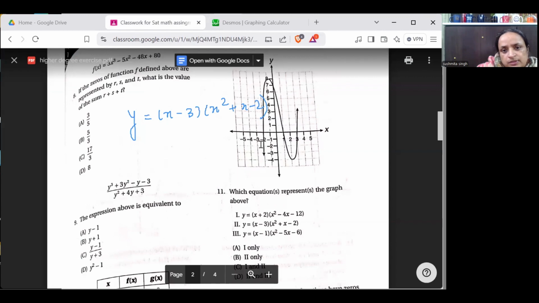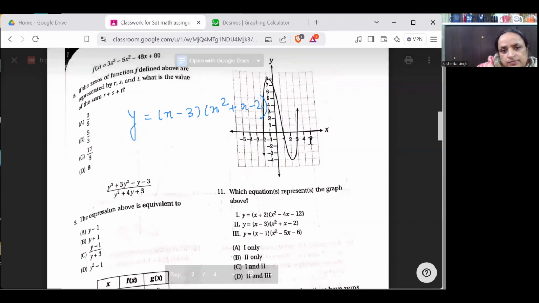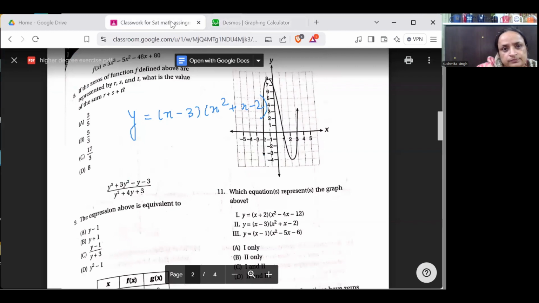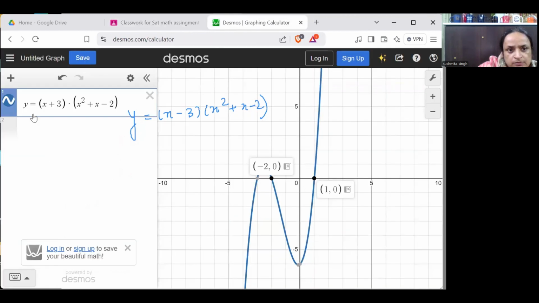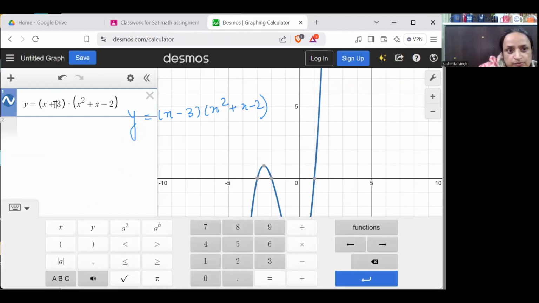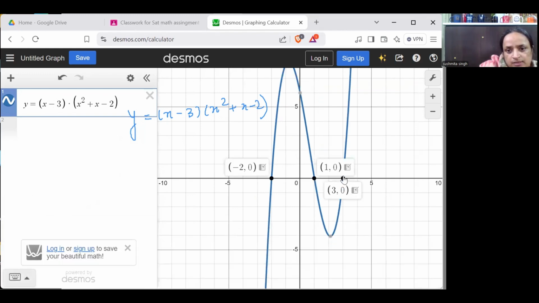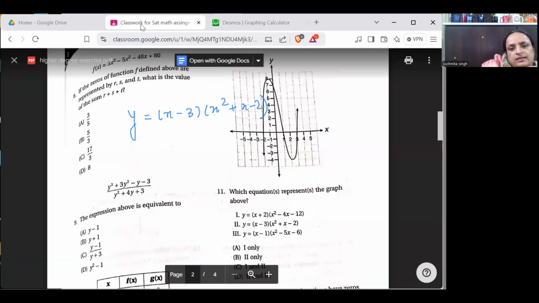So similarly over here, negative 3, 2, 1 and 3, exactly like this.